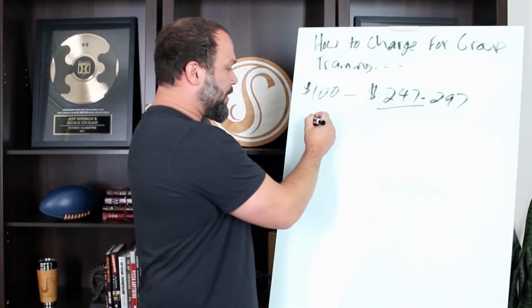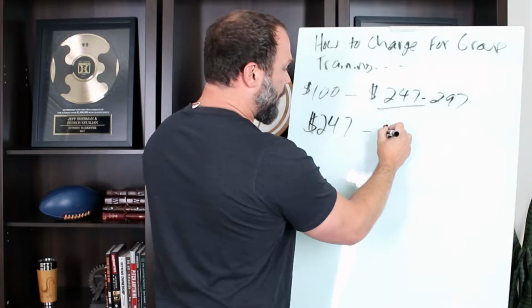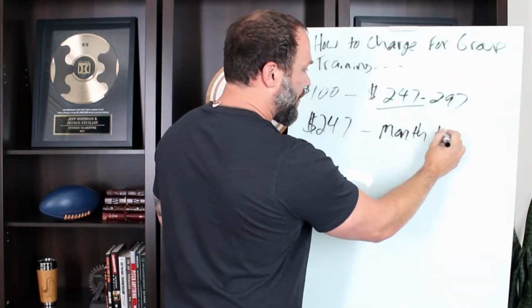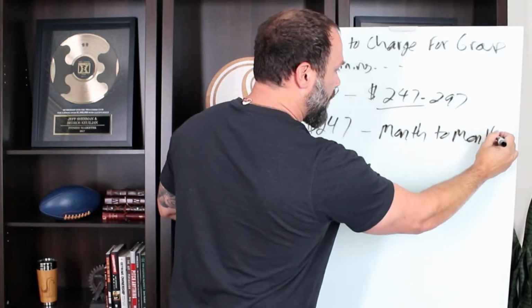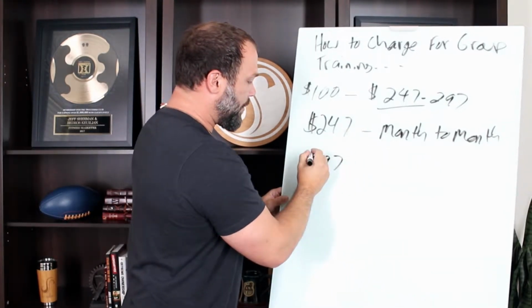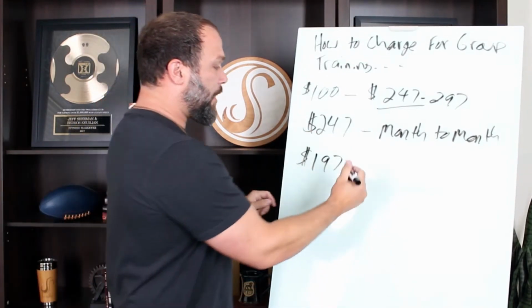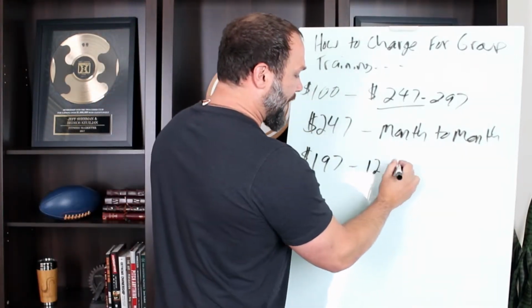So what we personally do is $247 for month to month, and that's unlimited sessions. Or they can do $197, which is saving them $50 a month or $600 on the year, and that's for 12 consecutive months.